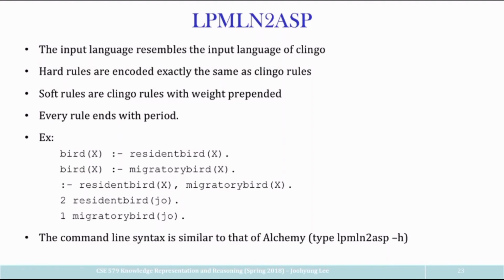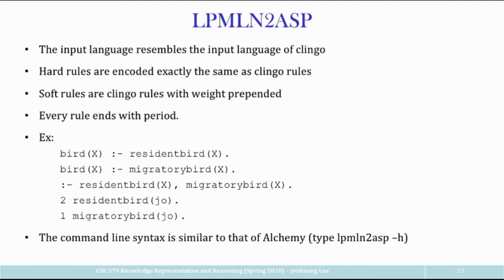This is slightly different from Alchemy. In Alchemy, if you have a period with no weight, that's a hard rule. If you have no period with the weight, that's a soft rule. But here every rule must end with a period because that's what Clingo requires.